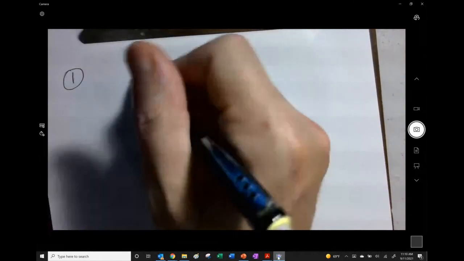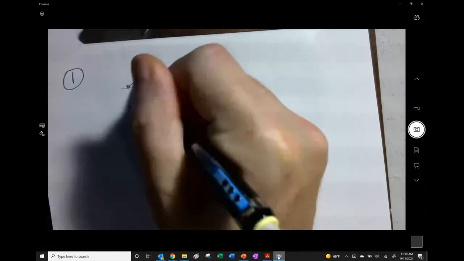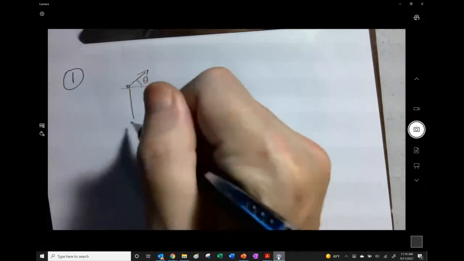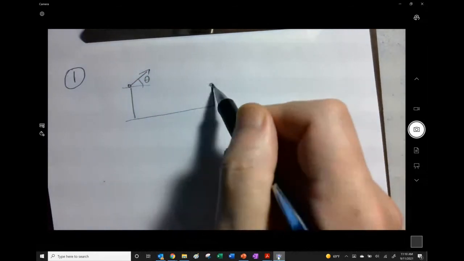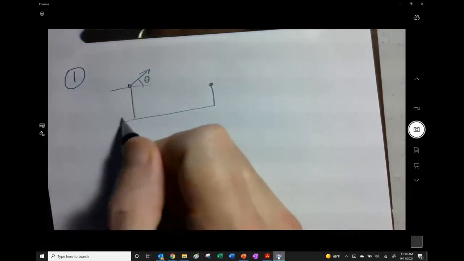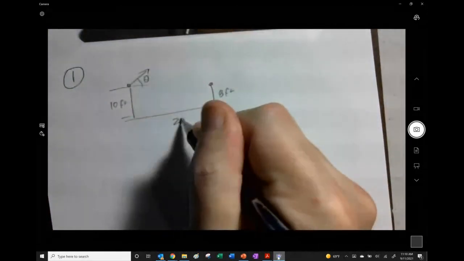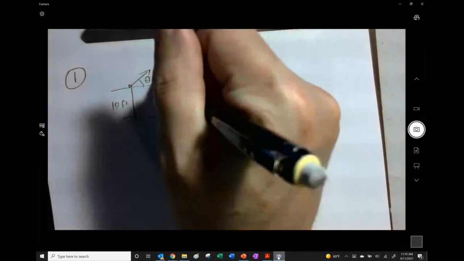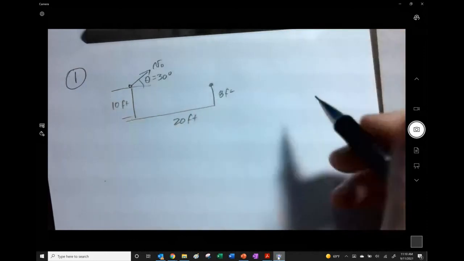Even though we might have the sketch of the thing, I think it's worth thinking about it ourselves and making a little picture of the thing. There's where we want to get to. Here's where we started. This was 10 feet, and this was 8 feet. We got 20 feet away. Here's that angle, which is 30 degrees, and we're going to find V0.